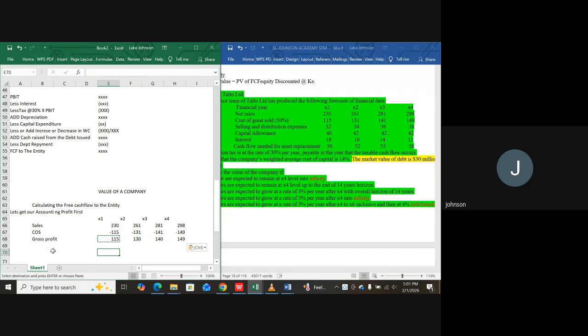Okay. So now, once we have gotten our gross profit, what is the next thing in line? We have distribution and other expenses. So we now come here. We now less our distribution expense. So we less it. We come here.